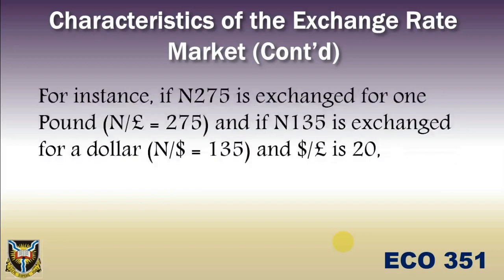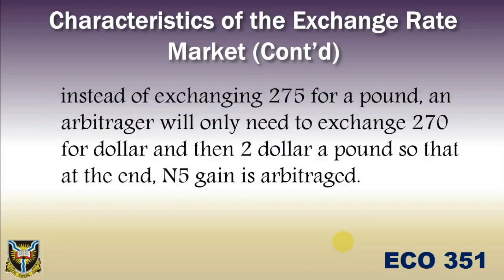For example, if 275 naira is exchanged for £1, and 135 naira is exchanged for $1, and dollar to pound is 2, instead of exchanging 275 for a pound, an arbitrageur will only need to exchange 270 for dollars and then $2 for a pound, so that at the end 5 naira gain is arbitraged.